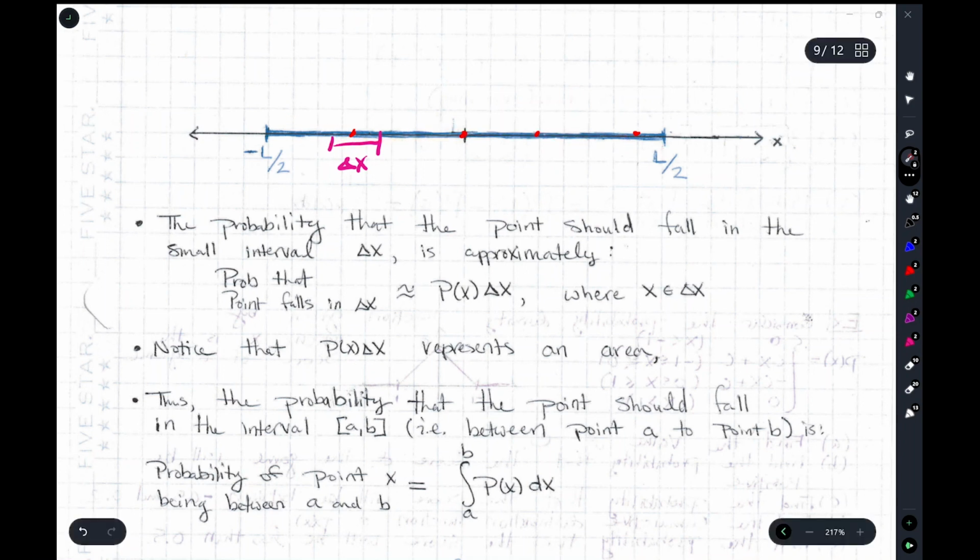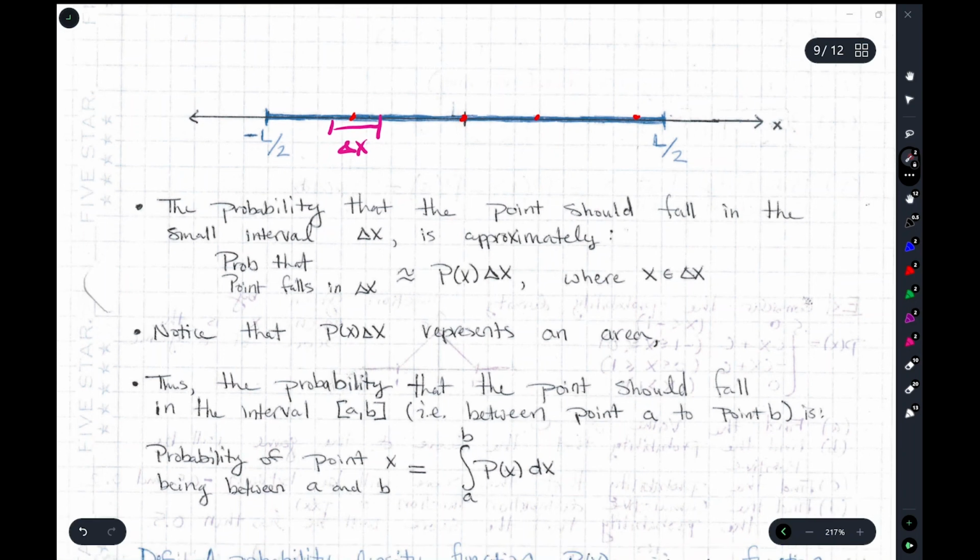But maybe for some reason, it's more likely for a point to land here. I don't know, maybe there's something attractive over there. If it is more likely for a point to land here, for reasons of having some attractive potential or something, then the probability density is not going to be constant. And so this p of x delta x is only approximate.